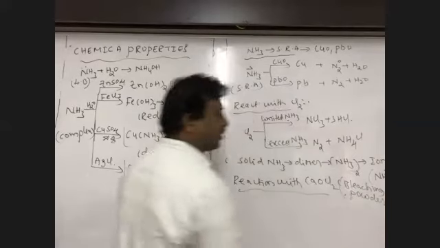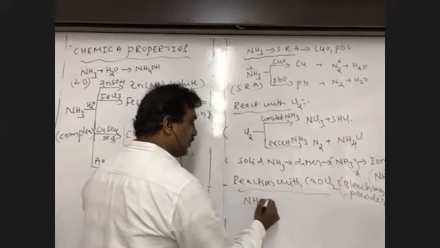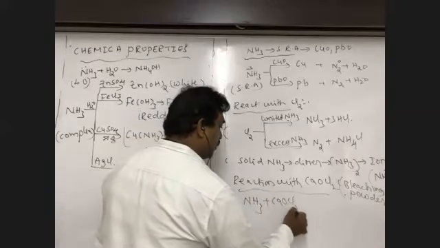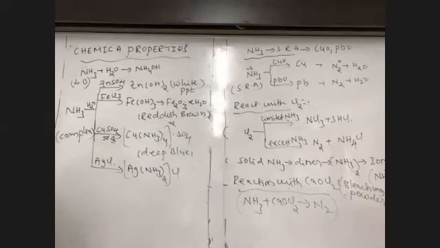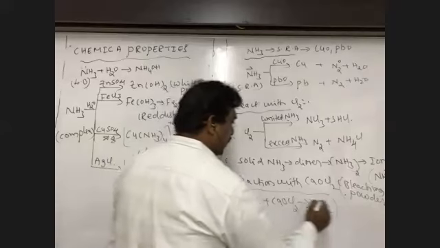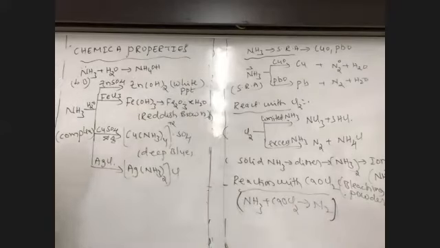When ammonia reacts with bleaching powder, NH3 plus CaOCl2, the major product is N2 gas, nitrogen gas. So these are the important chemical properties of ammonia.